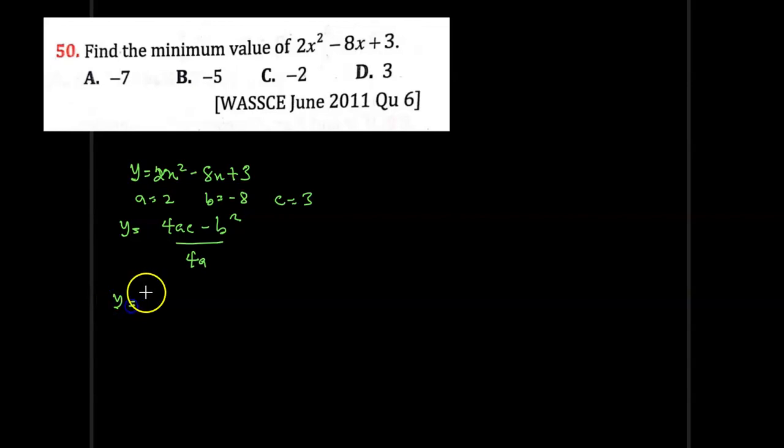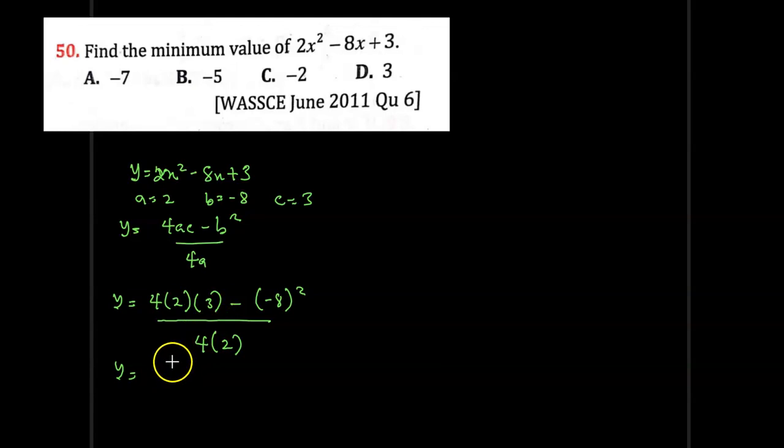So y will be equal to 4 times 2 times 3 minus negative 8 all squared divided by 4 times 2. 4 times 2 times 3 is actually 24, minus negative 8 all squared, which is 64. So we have that all divided by 8.